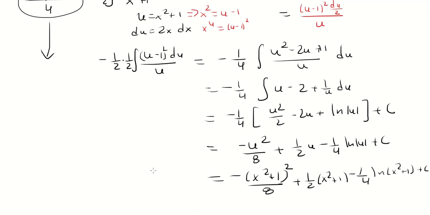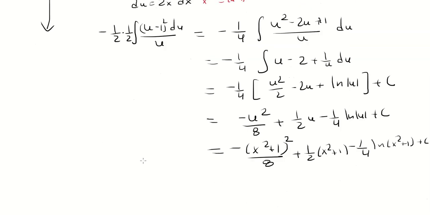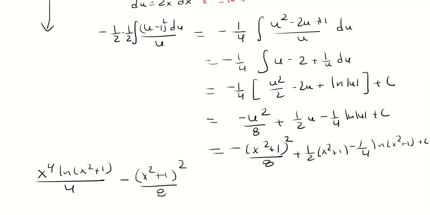And then when we bring this one down, that's going to give us x to the fourth natural log of x squared plus 1 over 4 minus, and then we have x squared plus 1 squared over 8 plus 1/2 times x squared plus 1 minus 1/4 natural log of x squared plus 1 plus c.